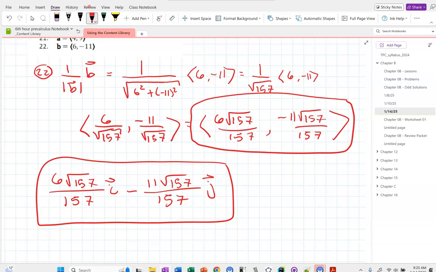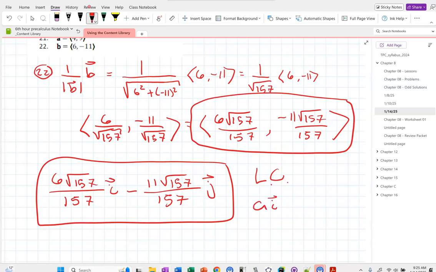Yeah, Colby. That's i, the vector i with the hat on it. So this is our linear combination form.